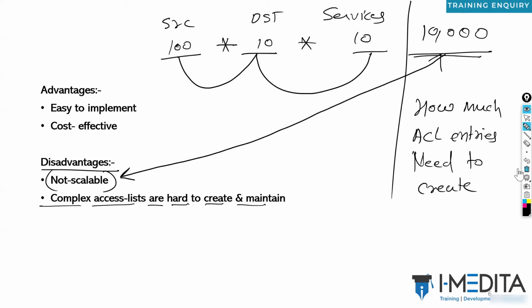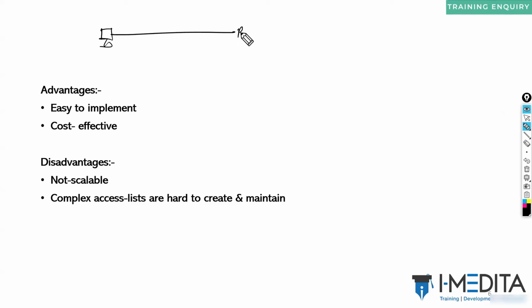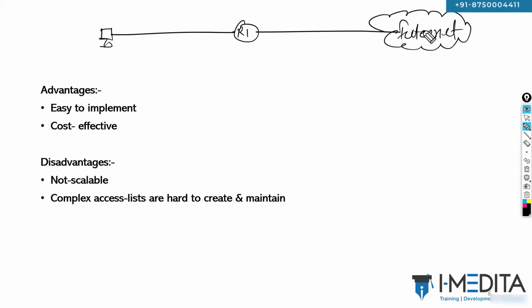What is the meaning of this line? Assume we have a PC connected with a router, and this router is connected with the internet, and on the internet we have a server that is a DNS server.